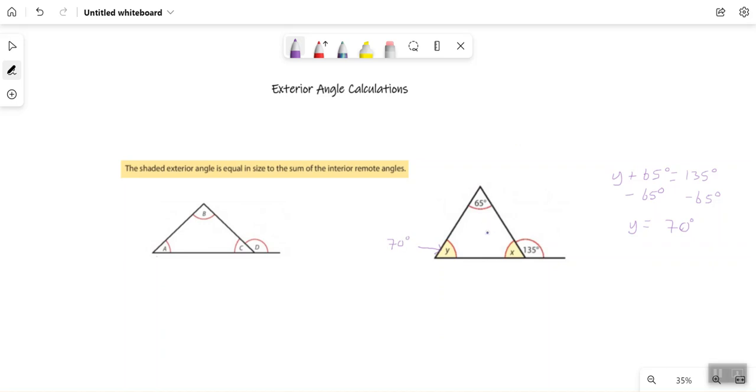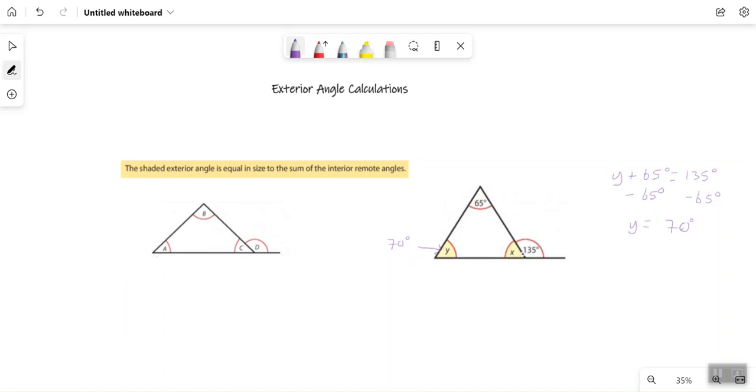Now there are two ways we can work out the value for x. First, x plus 135, because this is a straight line, the two of these have to add up to 180 degrees. Or the other way is that 65 plus 70 plus x has to equal 180 degrees. We can work it out either way, so I'll do both.